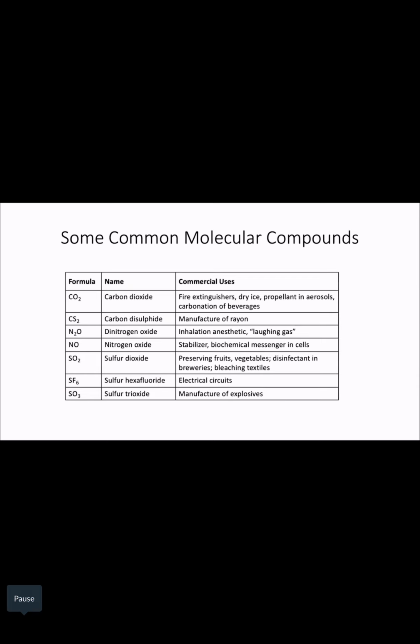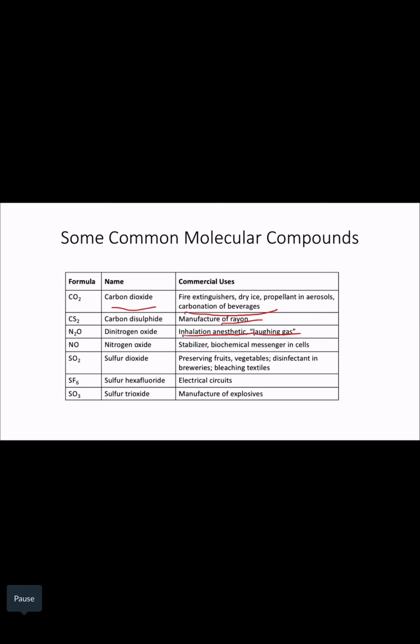Why do we care? Common molecular compounds, because they're present everywhere. Carbon dioxide is used in fire extinguishers, dry ice, propellant aerosols, and carbonation of beverages. Carbon disulfide is used in manufacturing rayon. Dinitrogen oxide is an inhalation anesthetic, or laughing gas.